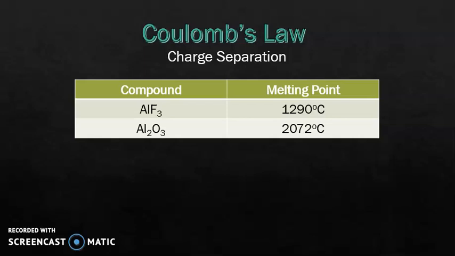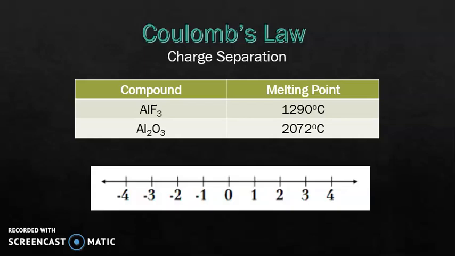So you're really not going to be able to compare them simply based upon their size. This is really a charge argument. In order to fully explain this, I need a number line. And I'm simply going to plot where the individual ions, aluminum, fluorine, and oxygen, belong on this number line according to their charge.